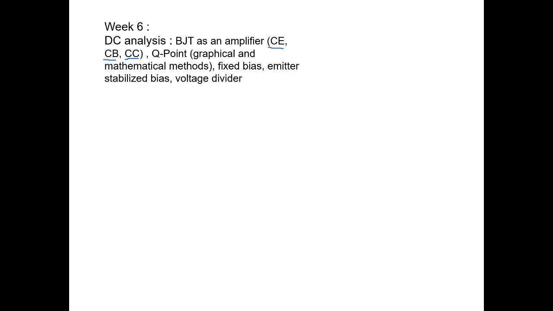The BJT also has a Q point, the same as the diode. It has the operational point. We also can do the graphical method or mathematical method. We also can give the BJT fixed bias or emitter stabilized bias, and also voltage divider, right?